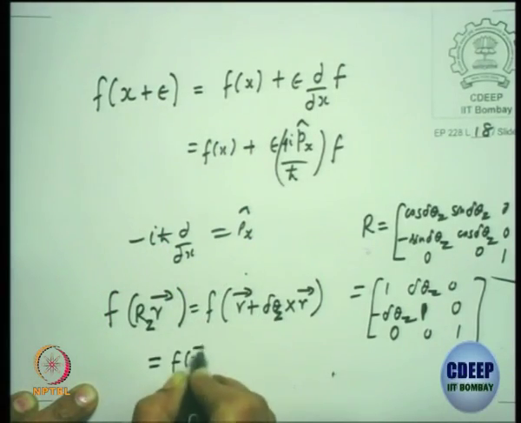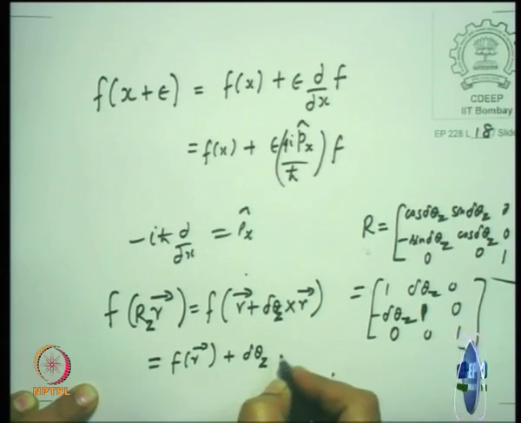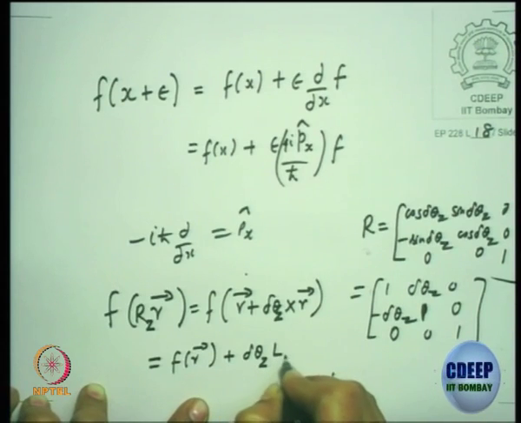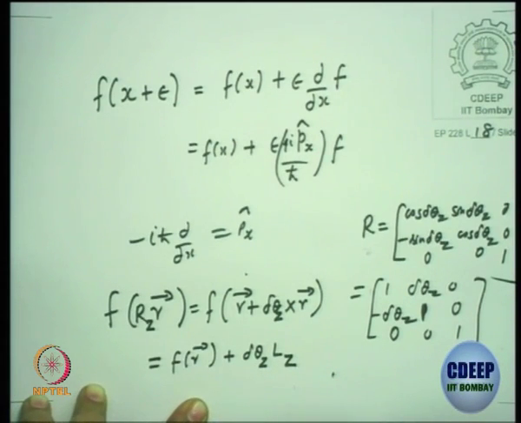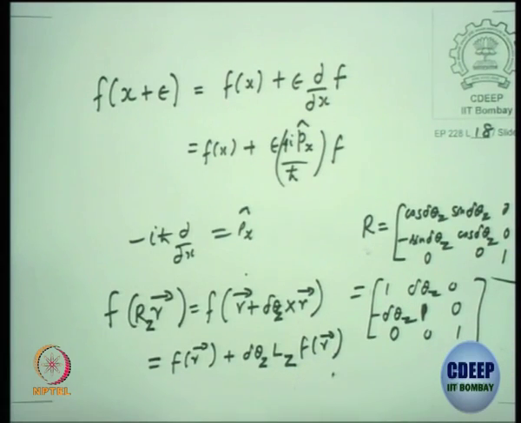You will see that it will be like f of r plus delta theta z Lz on f of r. Leave it to you to check.